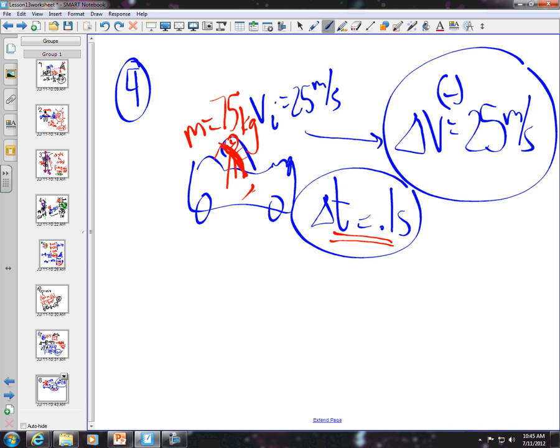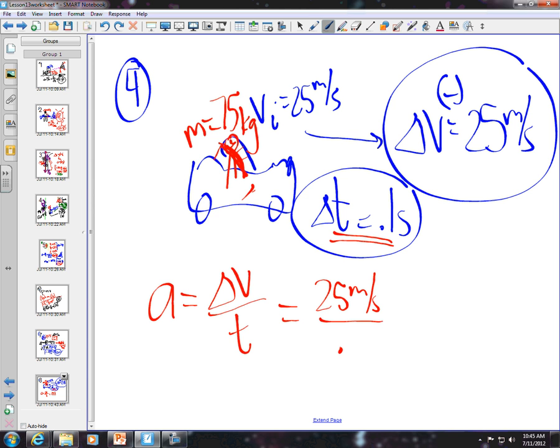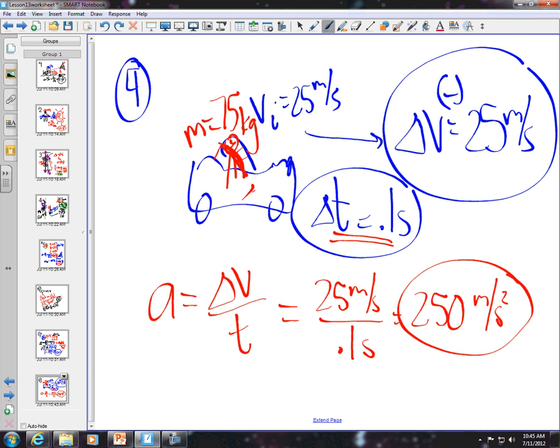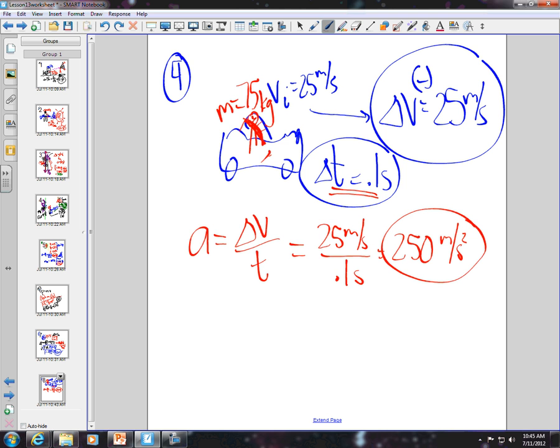So, acceleration is change in velocity over time, 25 meters per second over 0.1 seconds. Looks like 250 meters per second squared if you do your math. And then again, force is mass times acceleration. The mass is 75.